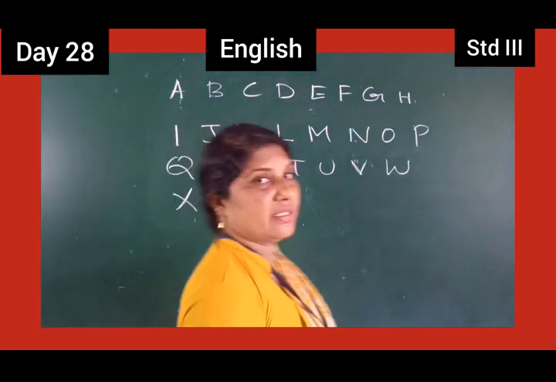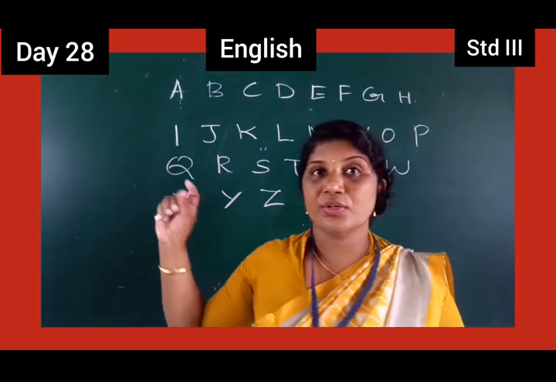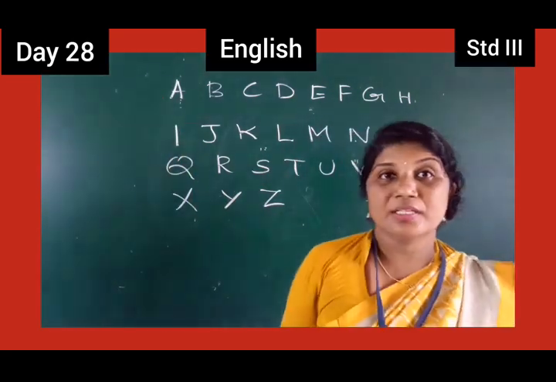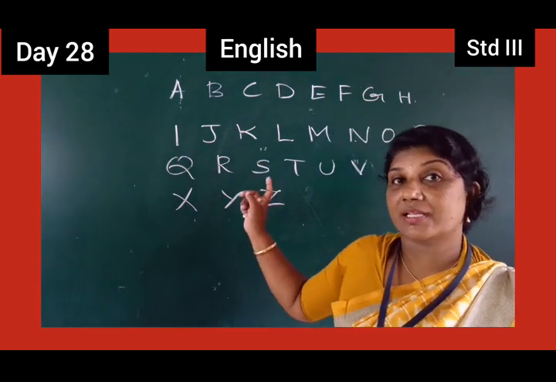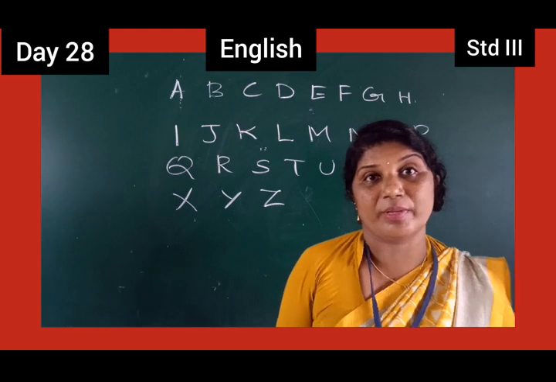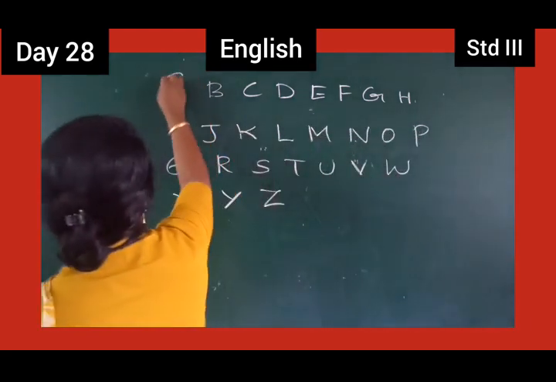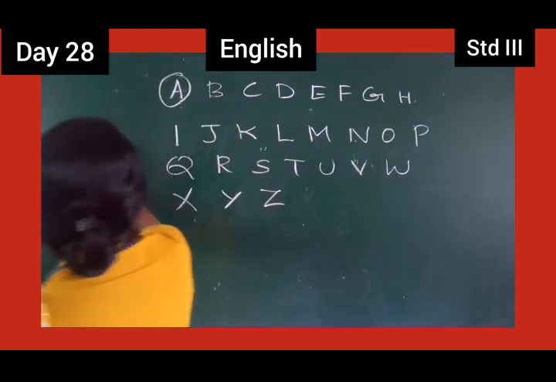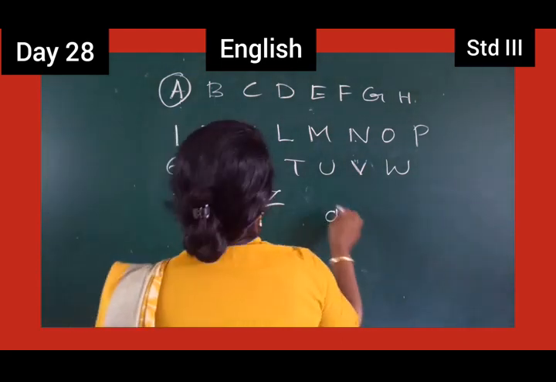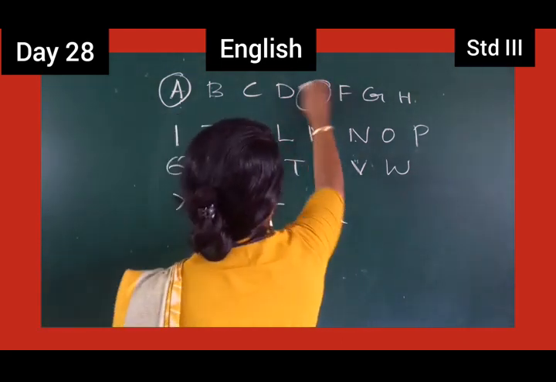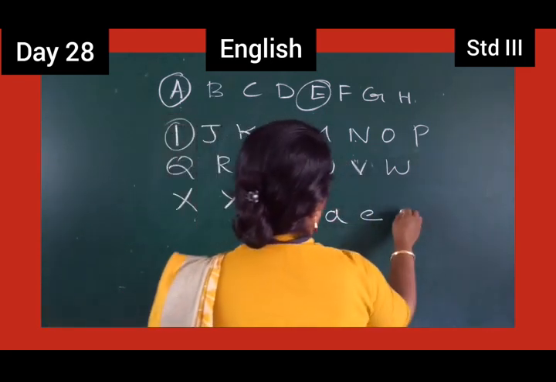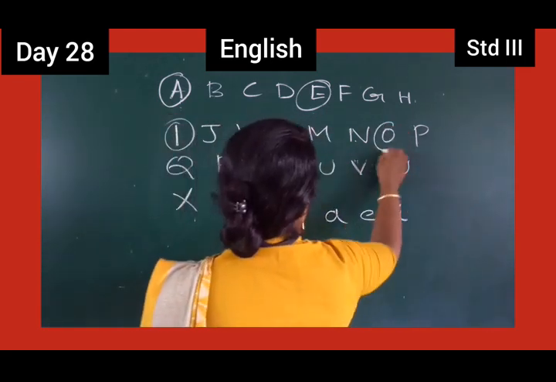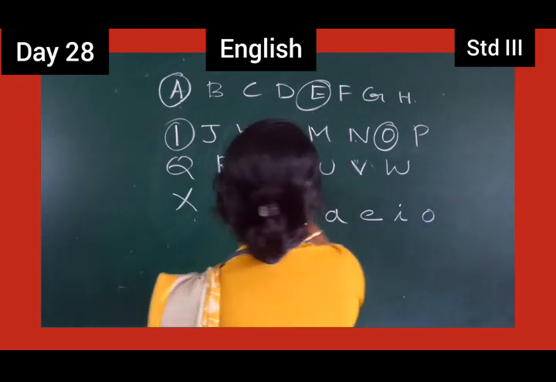So we know that these are A to Z. Understand? So how many are there? 26 letters. Children, you see here, this is A. Then next E, next I, next O, next U.